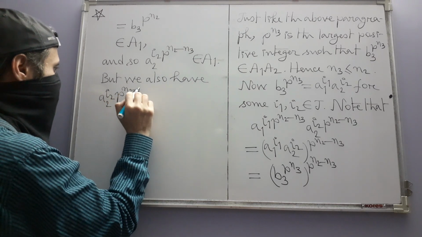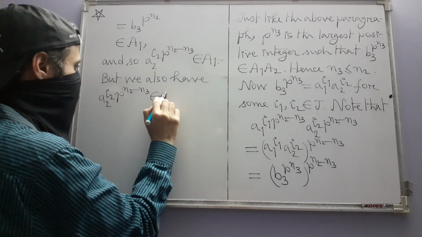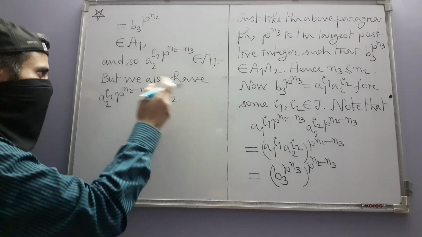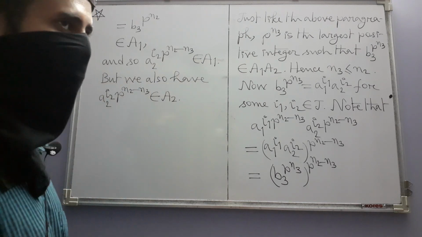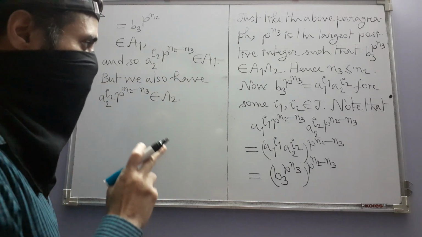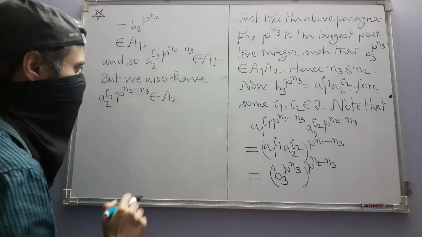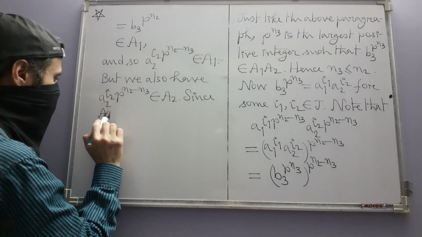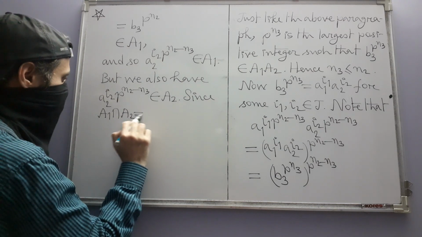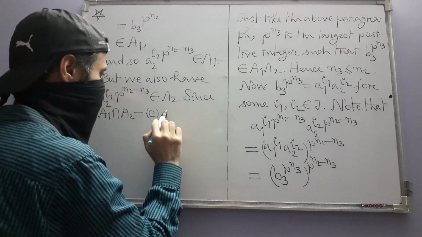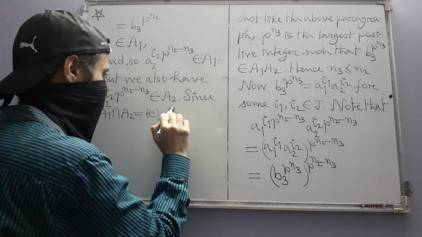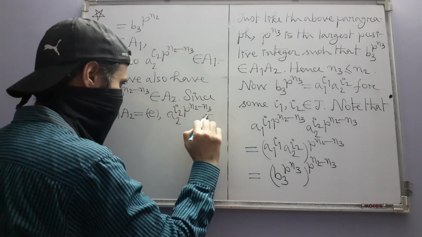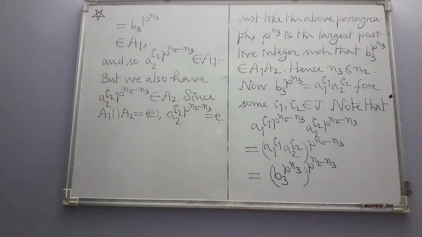So it belongs to both A1 and A2. That means it belongs to their intersection, which however is trivial, since we have this. So A2 to the power I2 times P to the power N2 minus N3 is equal to E.